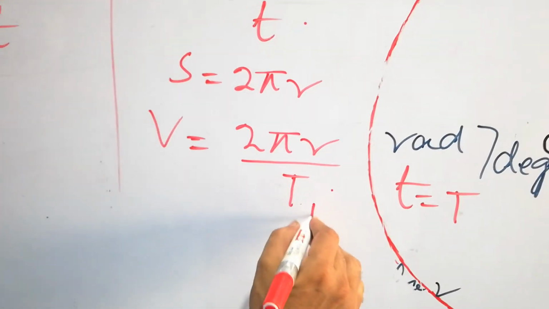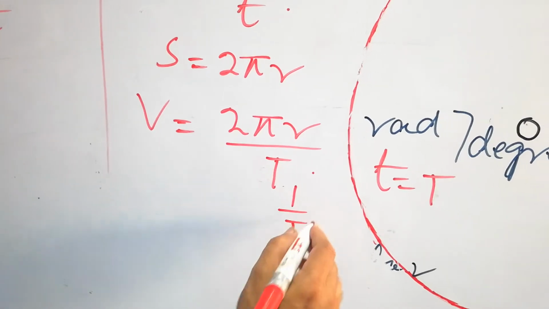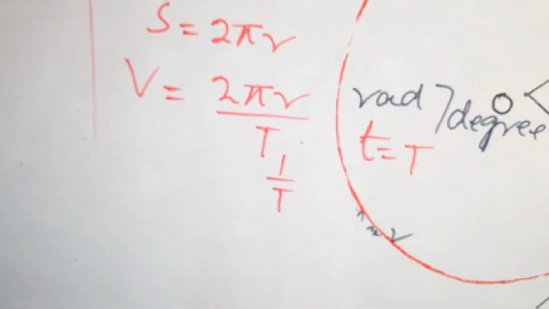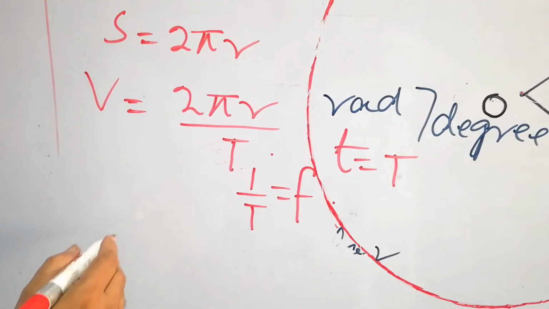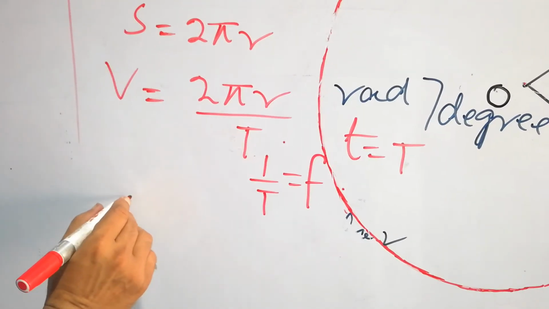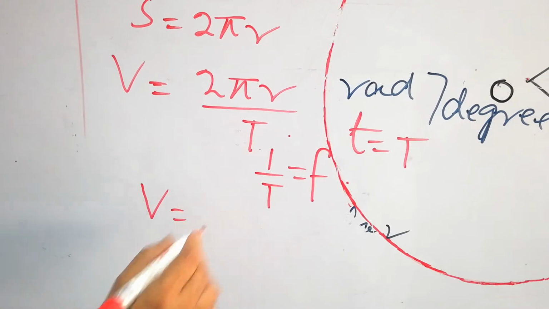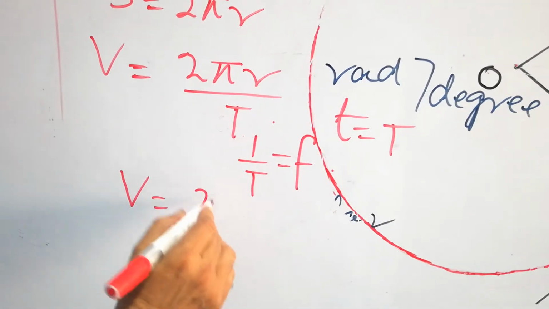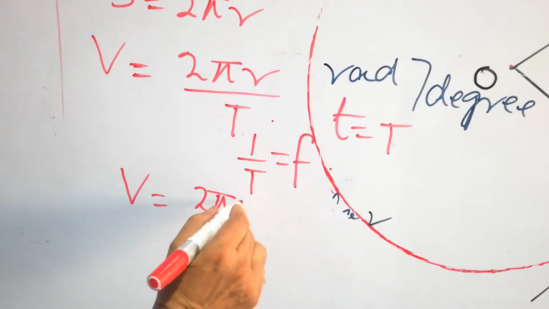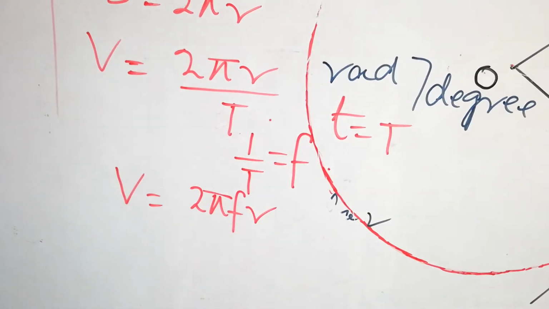And we all know 1 over t is equal to f. So we get v equal to 2 pi f into r.